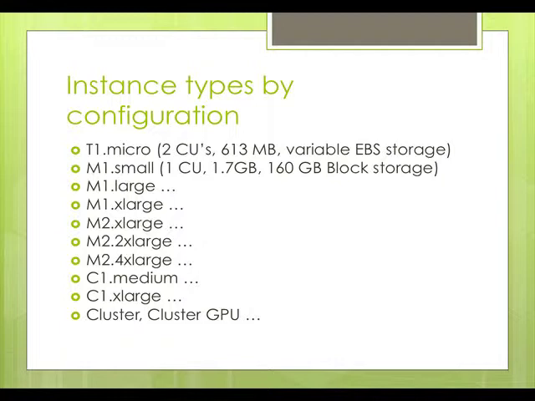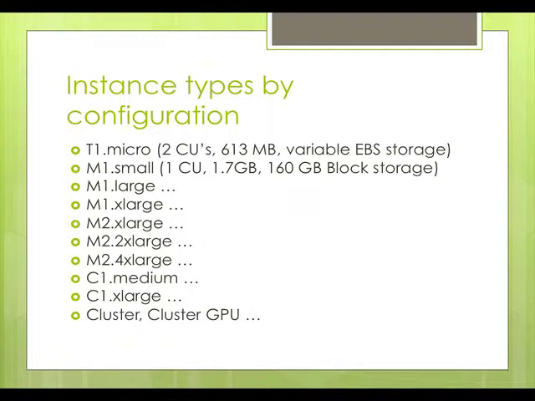And there are bigger and bigger instances, large, extra large, and all the M instances denote the memory-based instances. So if you're looking for very high I/O and processing power, you're looking at C1 medium, C1 extra large. If you want to go even further, they have high-performance computing instances like cluster GPU instances.